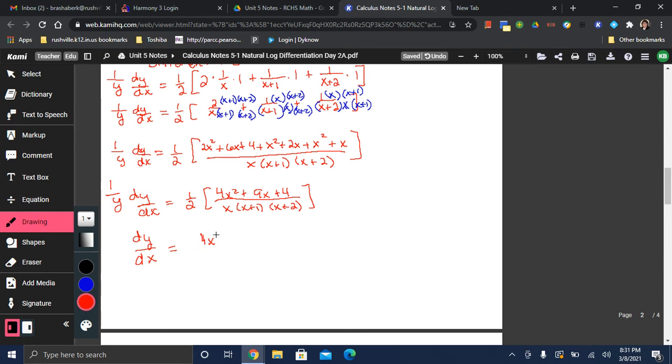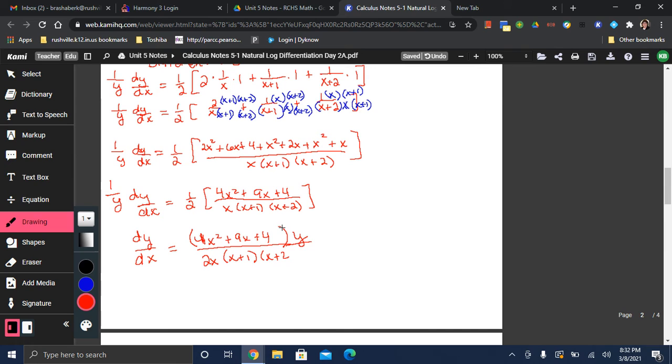So 4x squared plus 9x plus 4, and this is a 4 here at the beginning, over 2x times x plus 1 times x plus 2. And then in your numerator, since we multiplied by the reciprocal of 1 over y, we would have a y in our numerator.